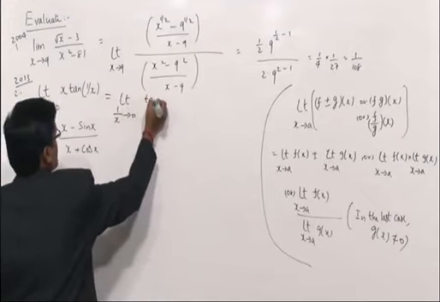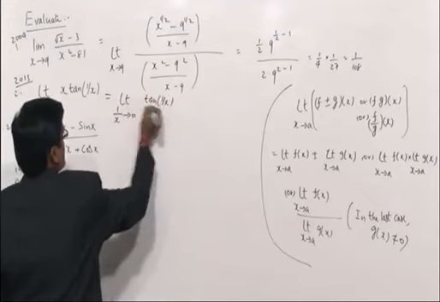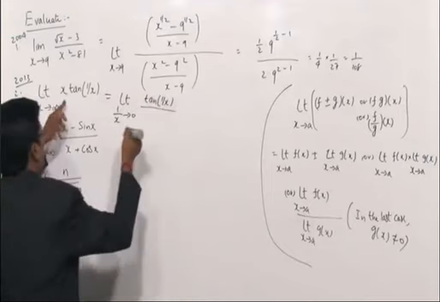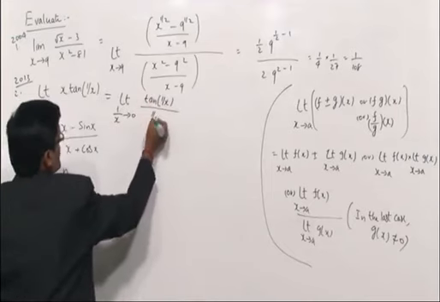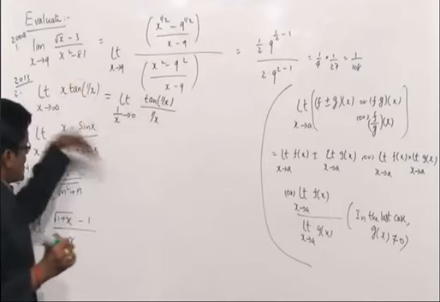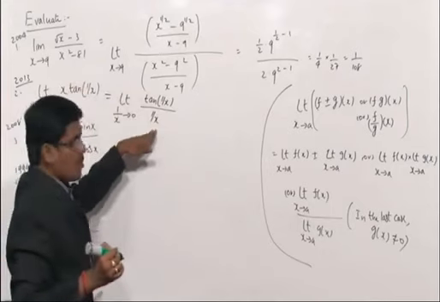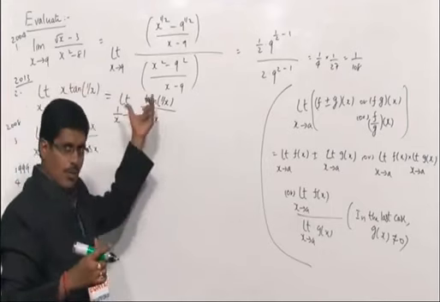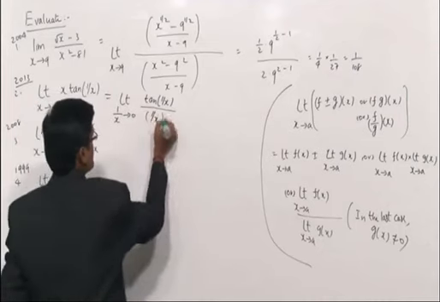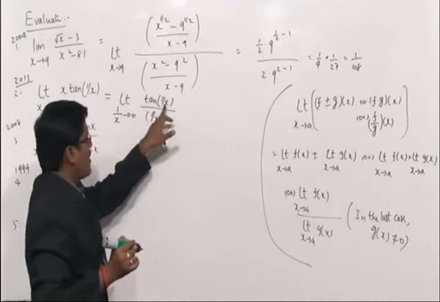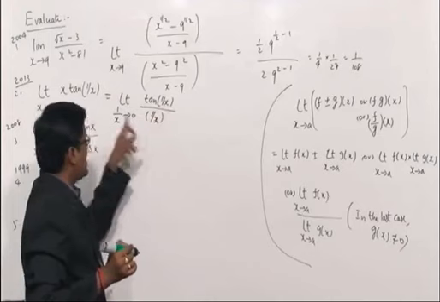This is tan 1 by x. I cannot convert 1 by x inside the angle into any form, but this x I can write after going into the denominator. That means it becomes reciprocal 1 by x. Now see, set 1 by x as theta: tan theta by theta, theta tends to 0.